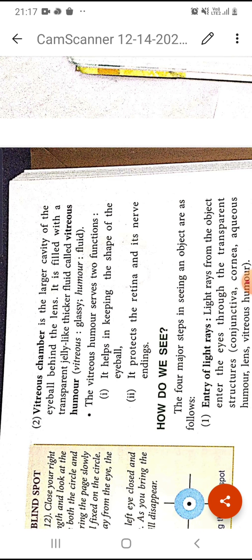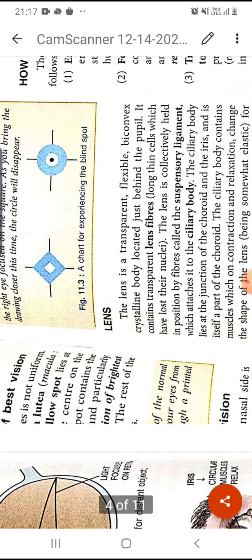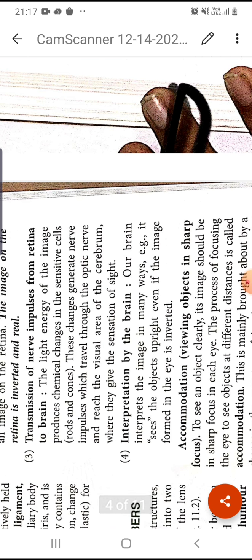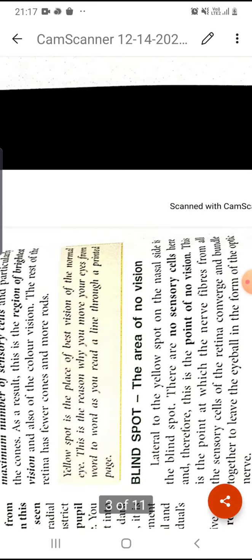It is filled with a thicker, jelly-like fluid, and it gives shape to the eyeball and protects the retina and the nerve endings. The aqueous humor keeps the lens moist, protects it from physical injury, and also refracts the light.